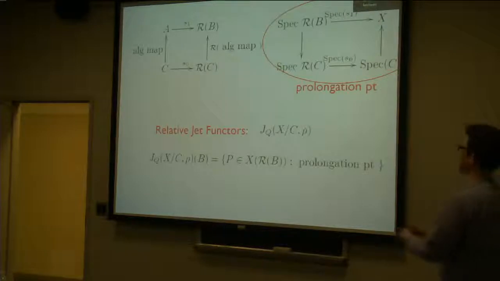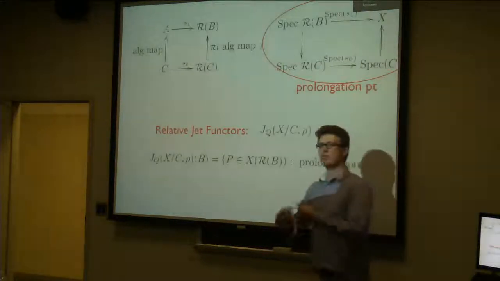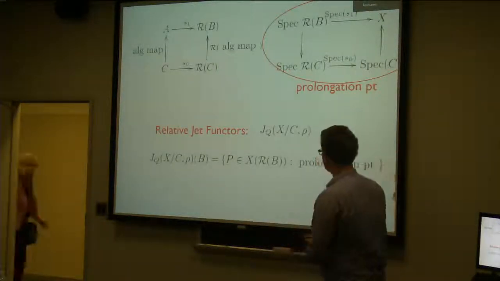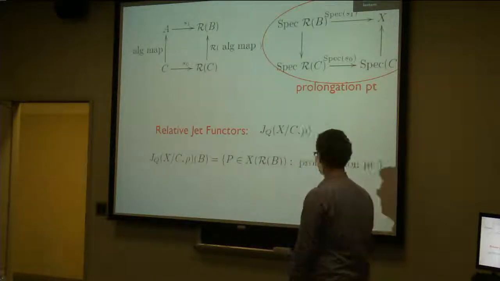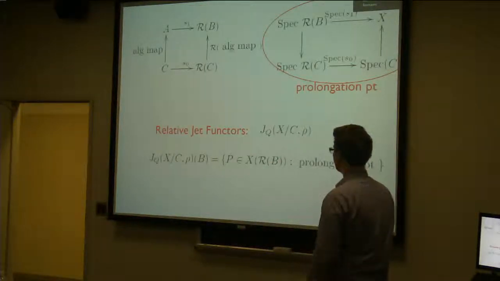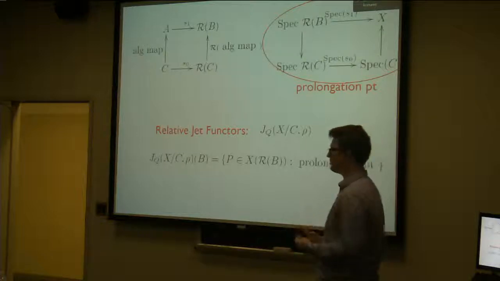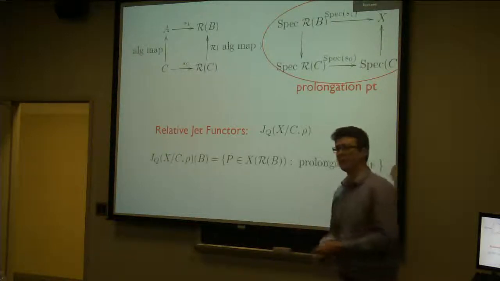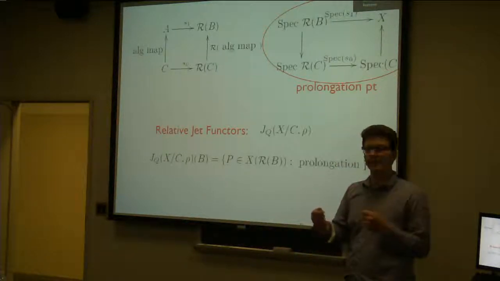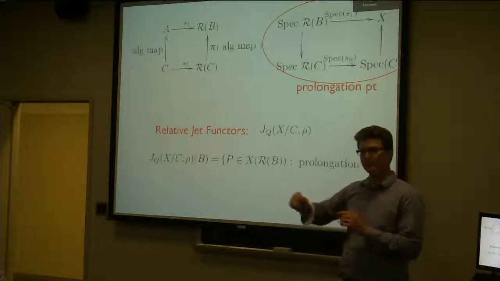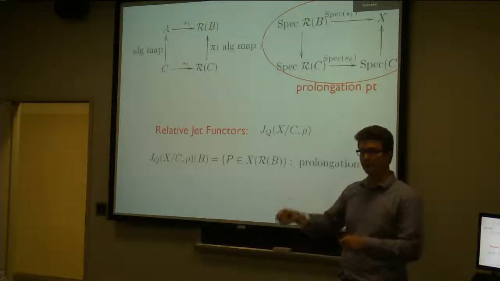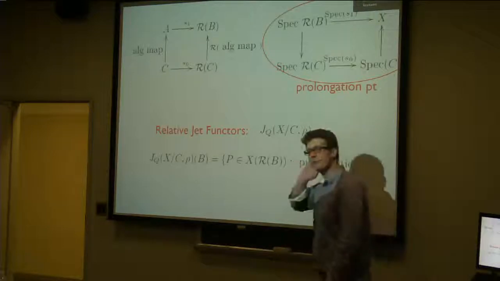You can define what it means for a point to be a prolongation point, and then define these functors to be the functors which consist of the points that prolong them. This is the same way that for the twisted jet spaces, those arcs have to prolong the derivation on the base. And so this is another way of writing it down.